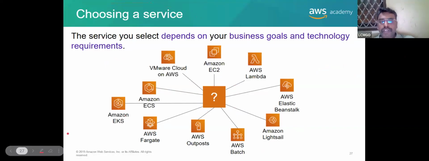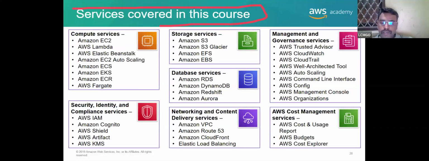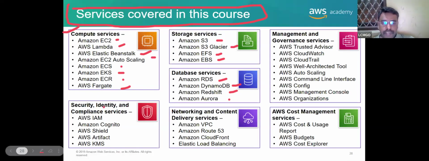Now, what services will be covered in this course? These are the topics we are going to see. Compute service: EC2, Lambda, Elastic Beanstalk, Auto Scaling, ECS, EKS, Fargate. Storage service: S3, S3 Glacier, EFS, EBS. Database: RDS, DynamoDB, Redshift, Aurora. Security, identity, and compliance: IAM, Cognito, Shield, Artifact, and KMS.